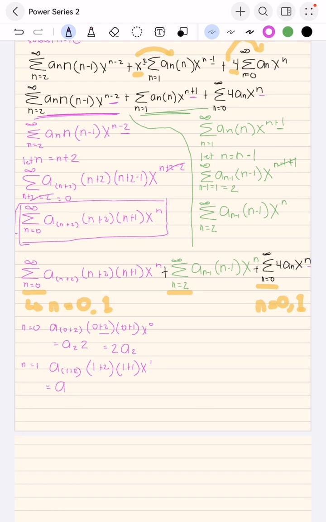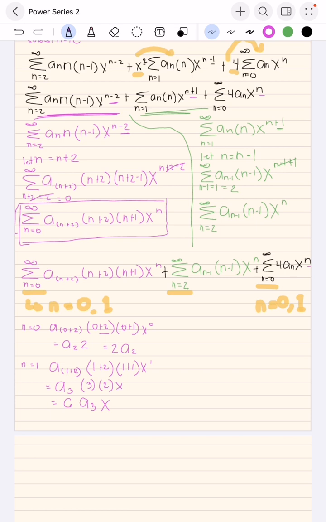This is 2, this would be 3, so 3 times 2 is 6, so 6a_3 x.